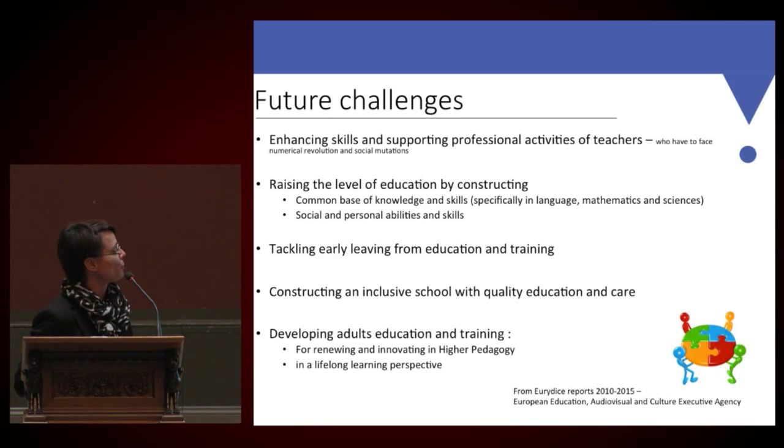We have to take with a lot of energy, tackling early leaving from education and training. And for example, it's not a woman problem. It's a man problem because during the college in France, for example, all the young persons who leave the school are boys, not women.